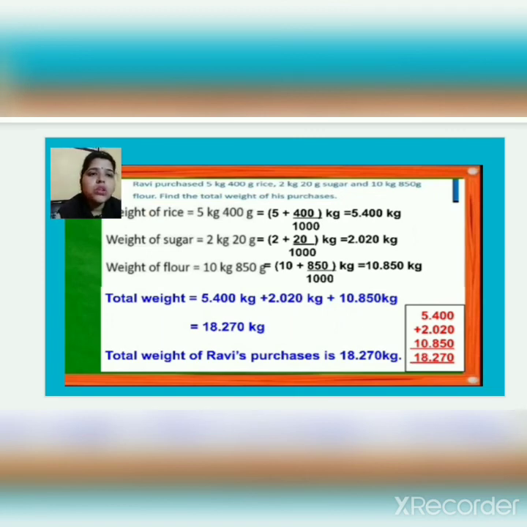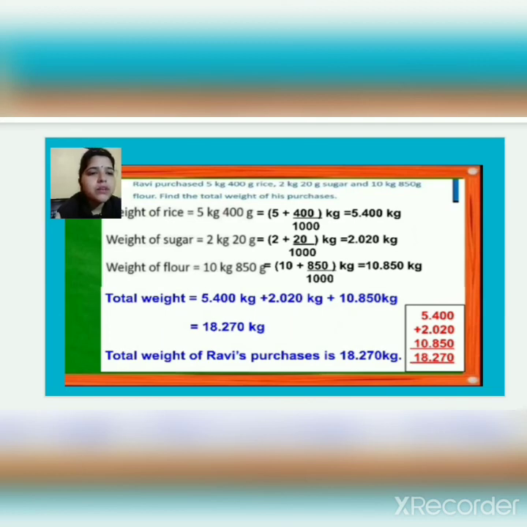Okay, so all the units we have as kilogram, and after the decimal point all numbers should have equal digits. If one number has 3 places after the decimal point, the rest of the numbers should also have 3 places after the decimal point. Make them 0, increase the number of zeros. Alright, so the total weight we are getting 5.400 kg plus 2.020 kg plus 10.850 kg.